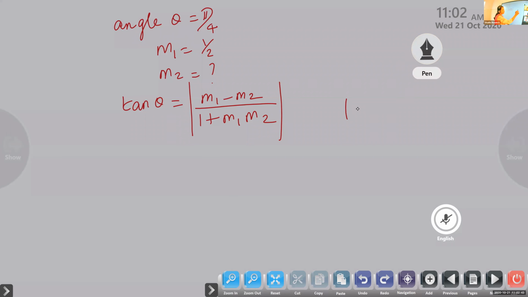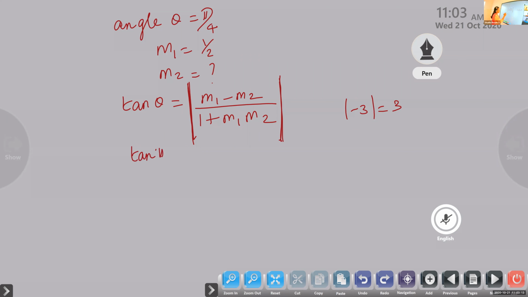What is modulus of minus 3? 3. Okay. So in the previous question also if you want we can put modulus sign there. To get acute angle, to take this as positive, we always put the modulus sign there. So tan theta is modulus of M1 minus M2 by 1 plus M1 M2. Now theta is given 45.